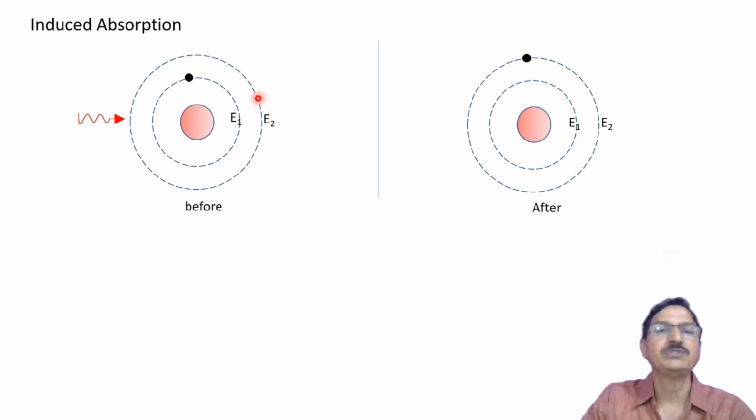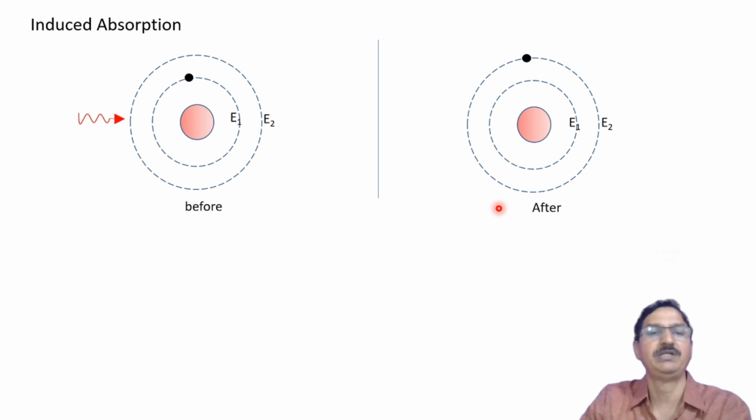In this diagram, the atom in which the electron is in the lower state is in the normal state, or the ground state. But when such induced absorption takes place, the electron is in the higher energy state, which is an unstable state, and we can say that the atom is excited. So before absorption, the atom is in the normal state. After this induced absorption, the atom goes into the excited state.